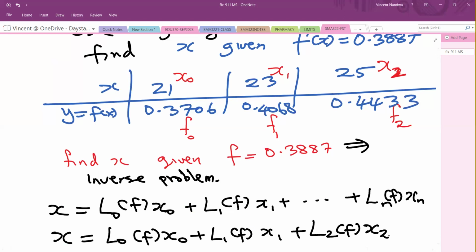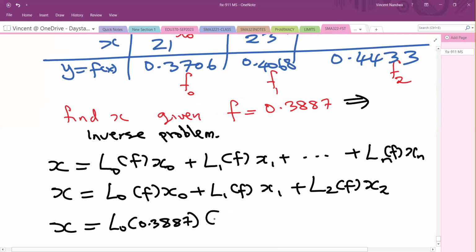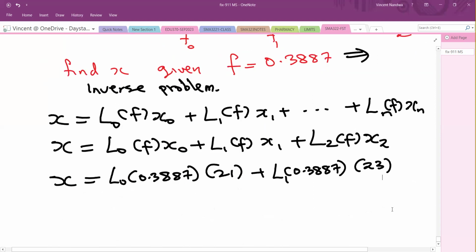And this is a direct problem because the value of f is given as 0.3887. So you write this as x equals L naught of 0.3887 times x naught, which is 21, plus L1 of 0.3887 times x1, which is 23, and then plus 25 times L2.